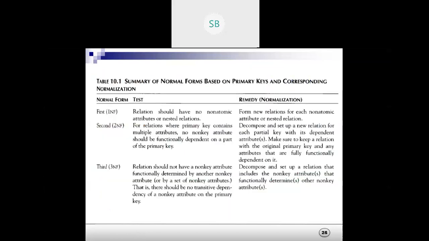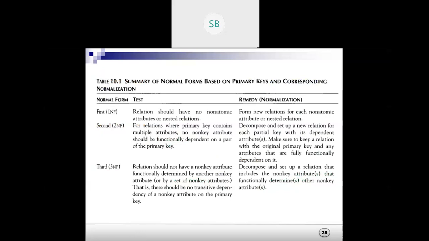Now here we have just a summary of these forms. The first normal form: a relation should have no non-atomic attribute values. The second normal form: for relations where the primary key contains multiple attributes, no non-key attribute should be functionally dependent on a part of the primary key. And third normal form: a relation should not have a non-key attribute functionally determined by another non-key attribute.